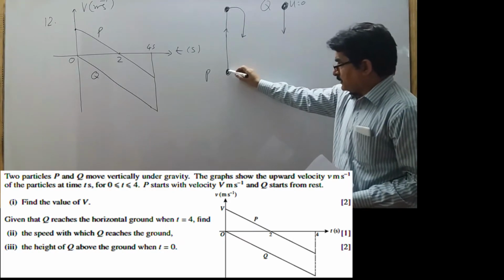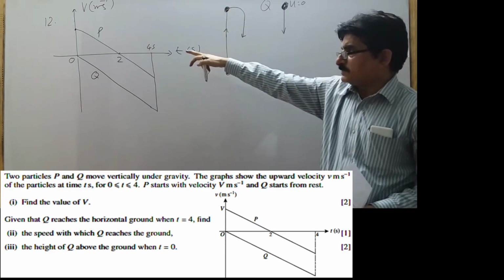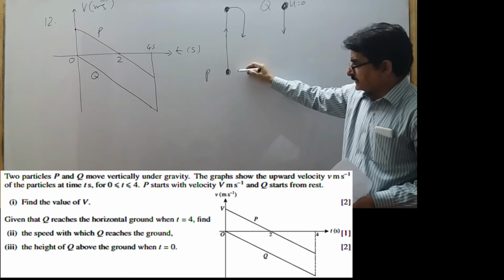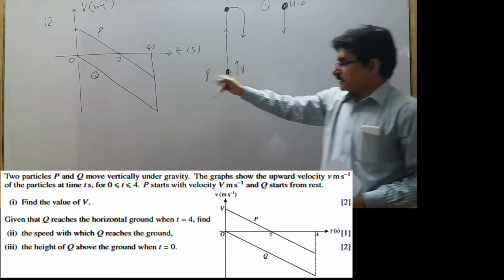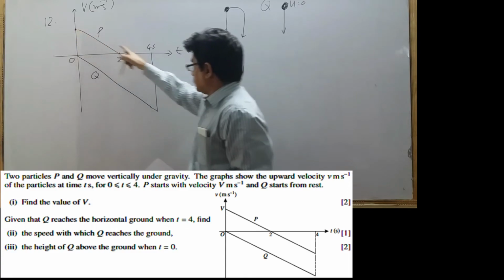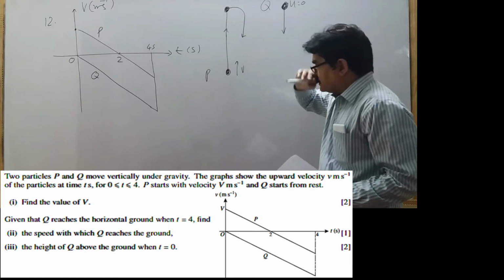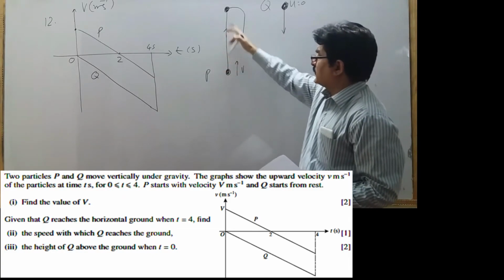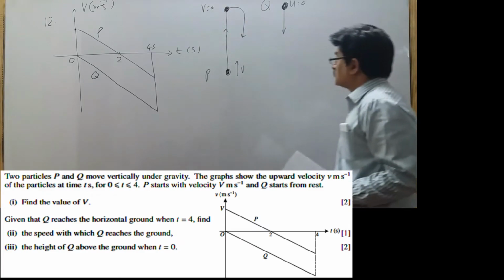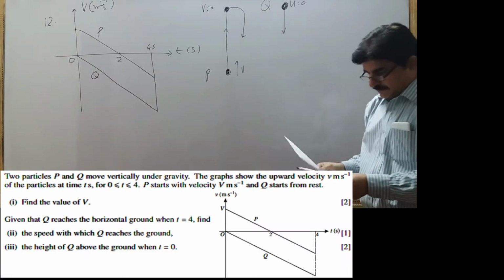So it is moving with decreasing velocity, but this direction is positive in the graph because the initial velocity of P, say v, is positive. P is moving upward, velocity is decreasing, it's slowing down and decelerating. So at the highest point velocity becomes 0 and then it comes back down. So this is the description of this diagram.